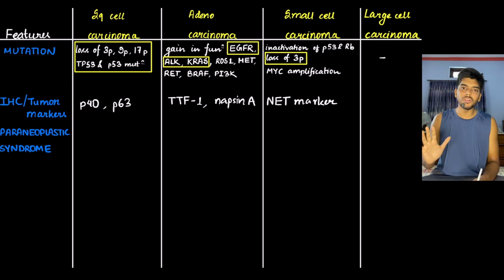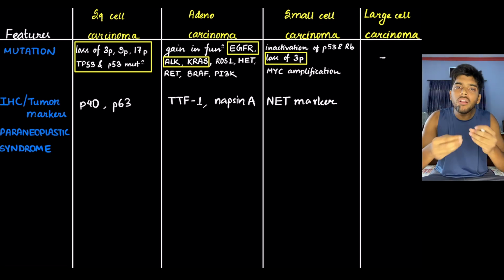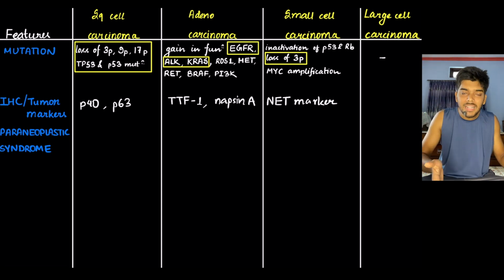So what are the neuroendocrine tumor markers? There are 3 Ins and 3 letters and numbers. What are the 3 Ins? Synaptophysin, chromogranin, and bombesin. 3 letters and numbers: NSE, CD56, CD57. Again, a total of 6 neuroendocrine tumor markers that are positive for all neuroendocrine tumors, be it small cell carcinoma of the lung, be it carcinoid of the lung.